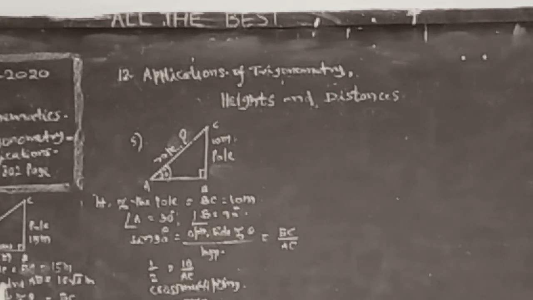You want to set up a pole of height 10 meters to support with three ropes. Each rope has to make an angle.